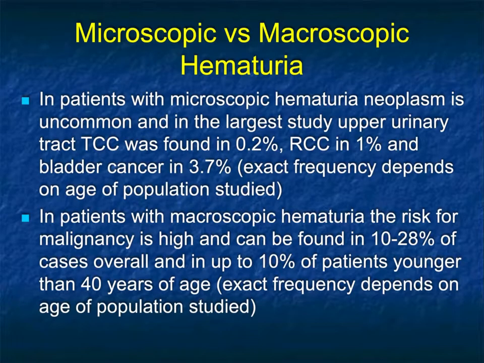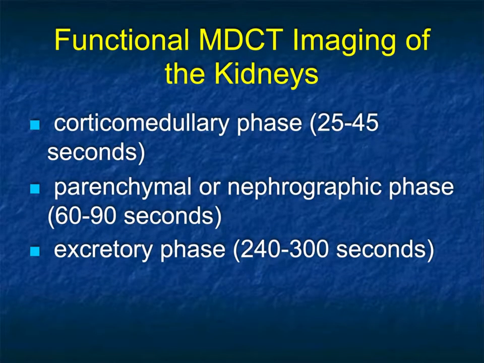In patients with microscopic hematuria, neoplasm is uncommon, even in an older patient. In patients with macroscopic hematuria, on the other hand, the risk for malignancy is high, even in younger patients. So microscopic versus macroscopic, we spoke about that in the beginning of this series.